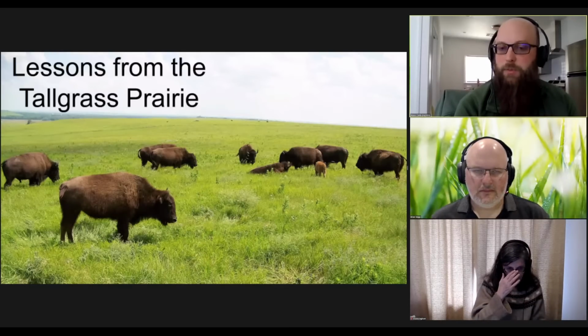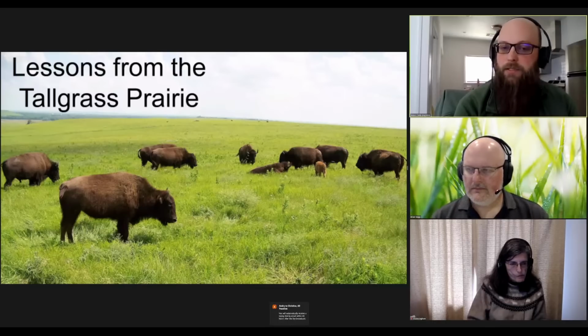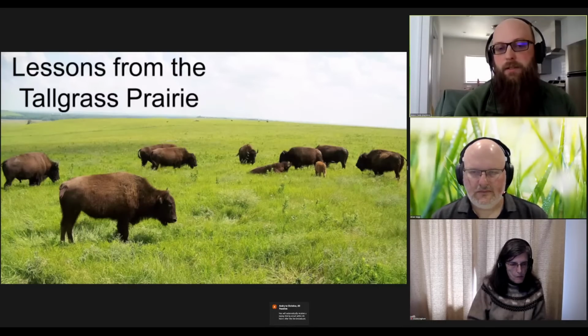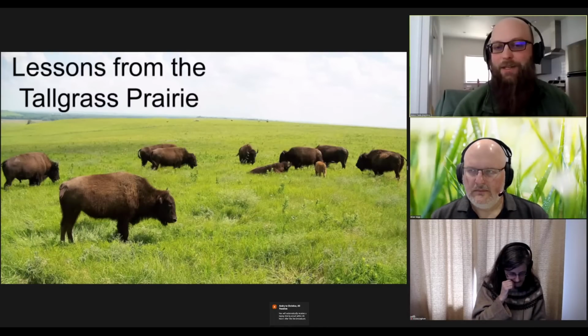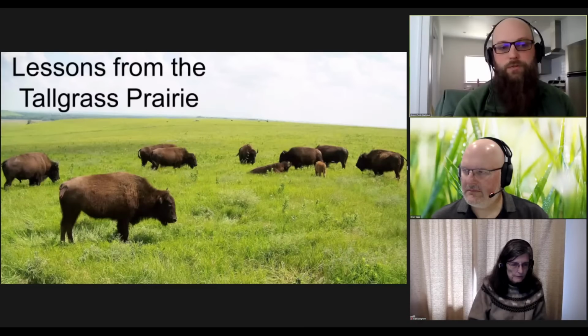And when I was a graduate student, I kept wondering, how is it that this grassland that has maybe every meter square has 16 plus species of plants, legumes, grasses, beautiful wildflowers, how is it that this system produces so much grass and that it has historically fed something like 40 to 60 million bison with very little management from humans?